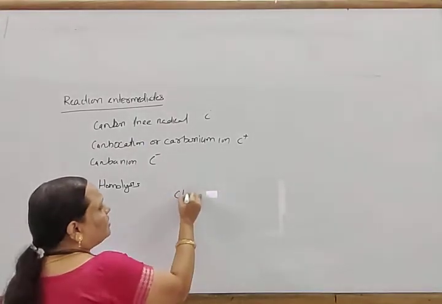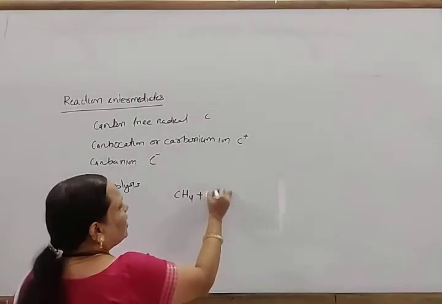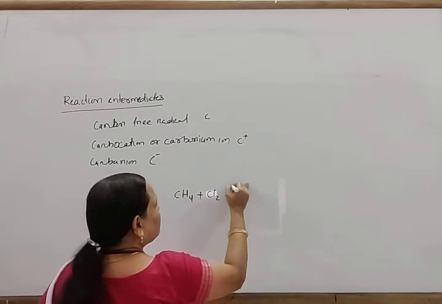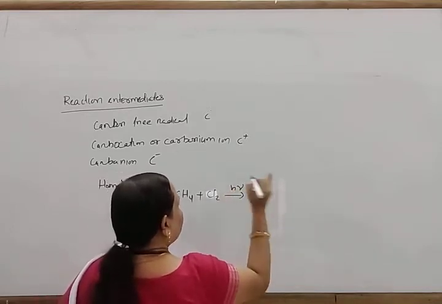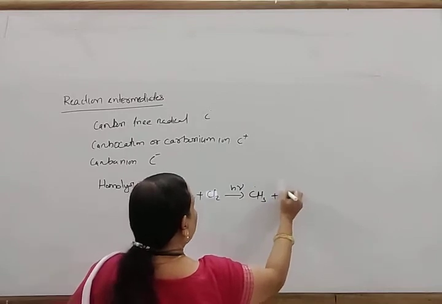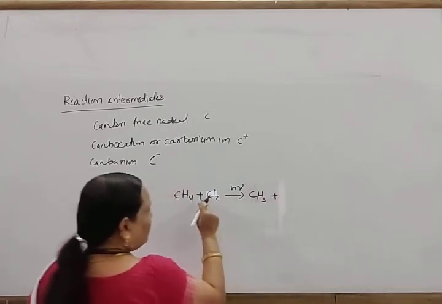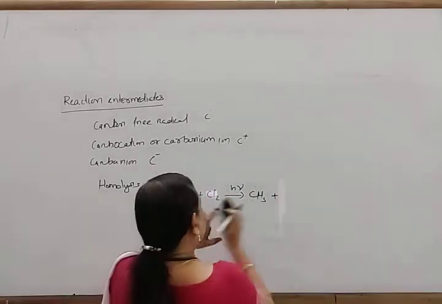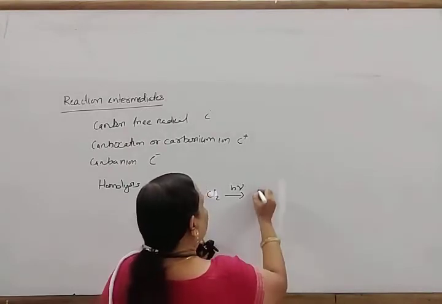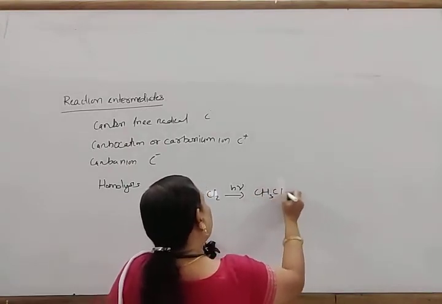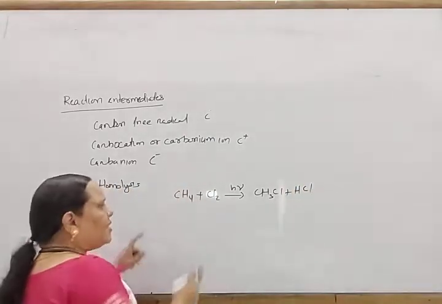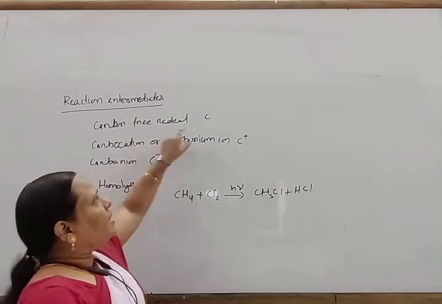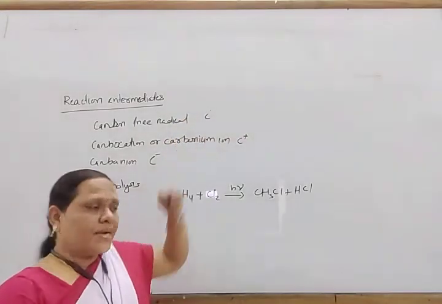Look here: when methane reacts with chlorine in the presence of sunlight, it generally forms the methyl free radical. First it forms methyl chloride plus HCl. This reaction takes place by this free radical mechanism.